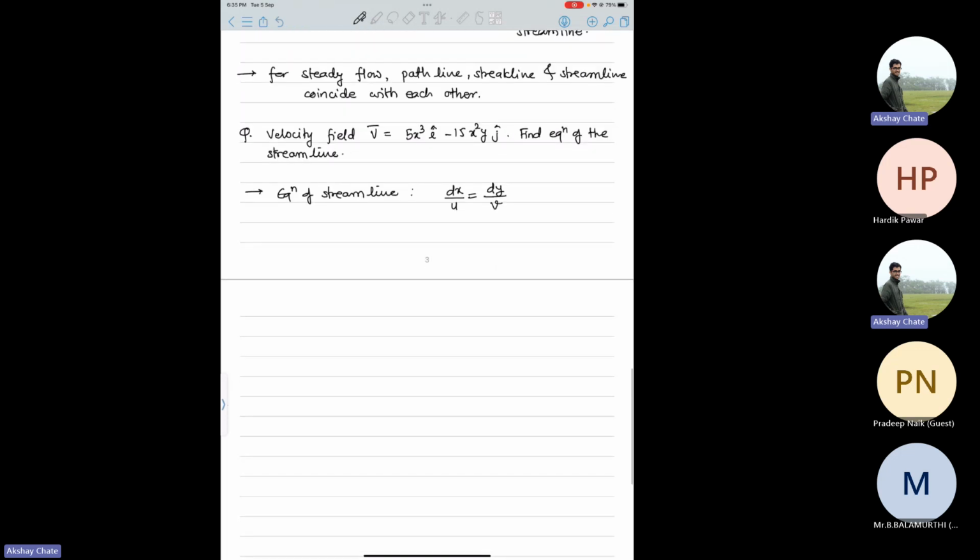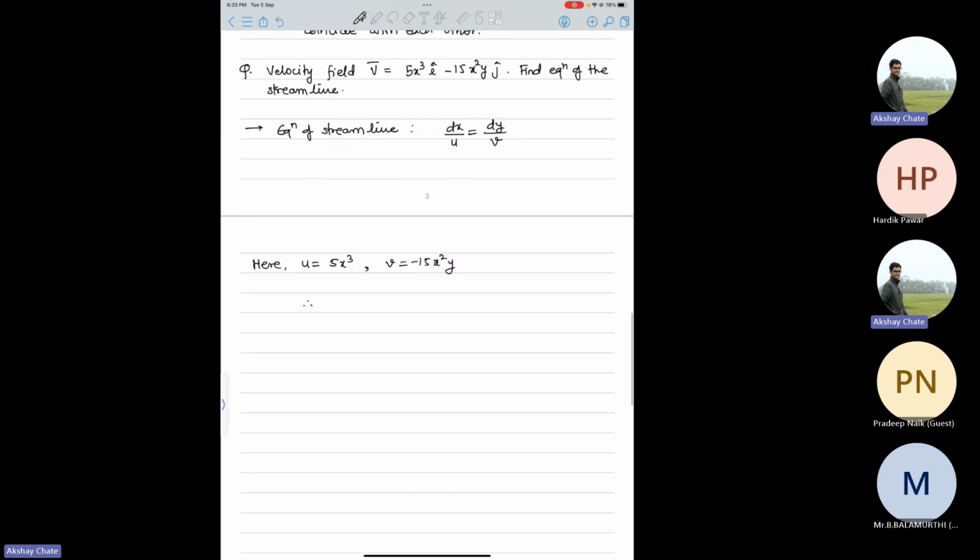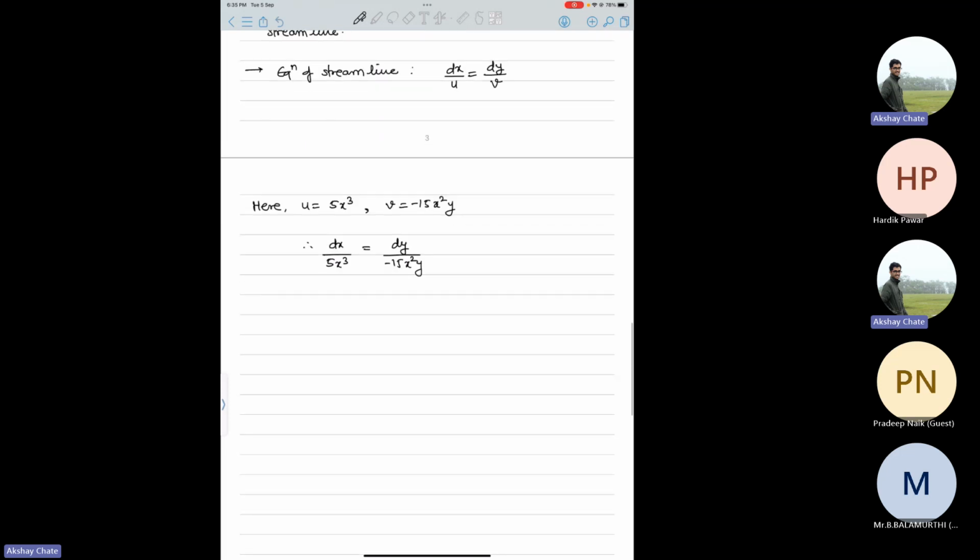Here u is 5x cube, and v is minus 15x square y. Therefore dx by 5x cube equals dy by minus 15x square y. So x square will get cancelled, 5 and 15 cancel, therefore dx by x will be equal to dy by minus 3y.